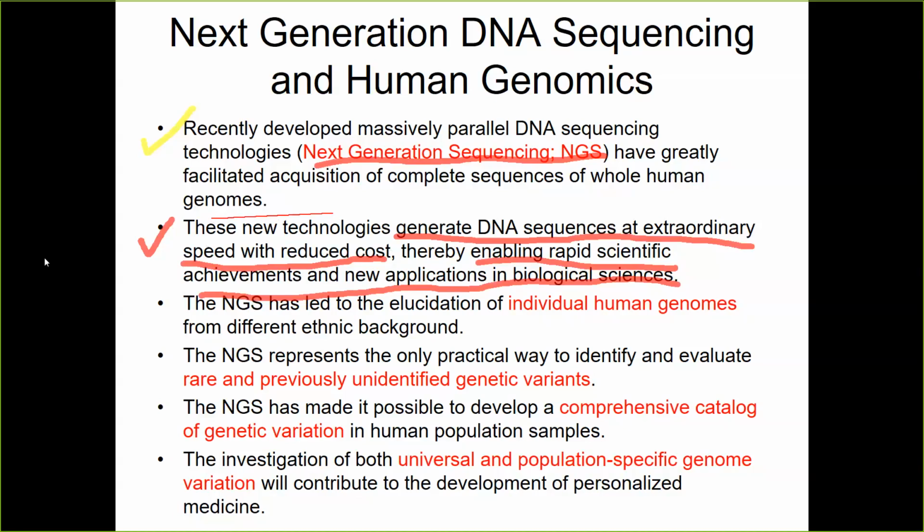Okay, so the NGS, or next generation sequencing, represents, I would like to mention over here, recent development in sequencing technology that has resulted in the development of genomic medicine science.